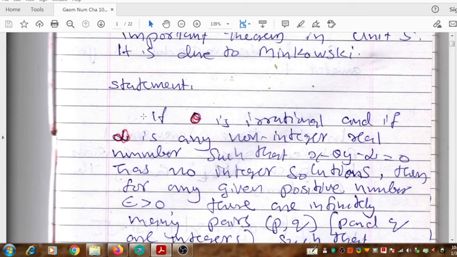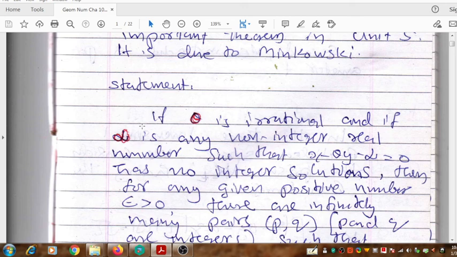The statement of the theorem is: if theta is an irrational number, and if alpha is any non-integer real number, such that x minus theta y minus alpha equal to 0 has no integer solutions.